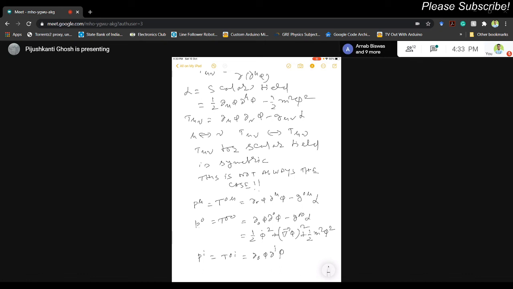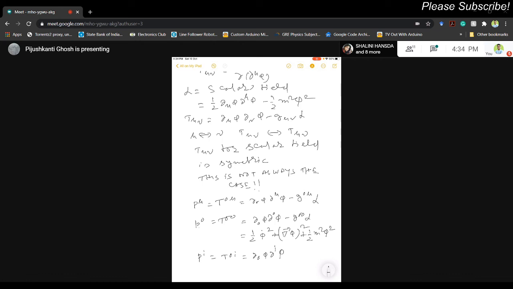What new thing I wanted to give you, and that's why I talked so much instead of doing many calculations, is the internal symmetry. Internal symmetry is the symmetry in the field space, and it has nothing to do with the transformation of the space-time coordinates. I gave the example of isospin you have studied.